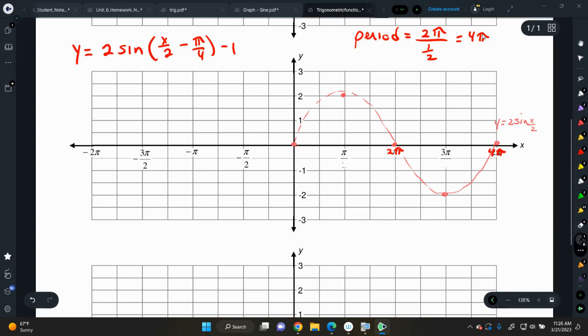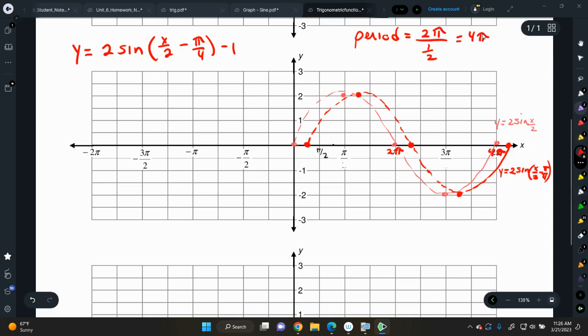This is pi, that means this is pi over 2, so I'm going to go basically half a square over. So we're going to move over half a square to the right. So there's my y equals 2 sine of x over 2 minus pi over 4.